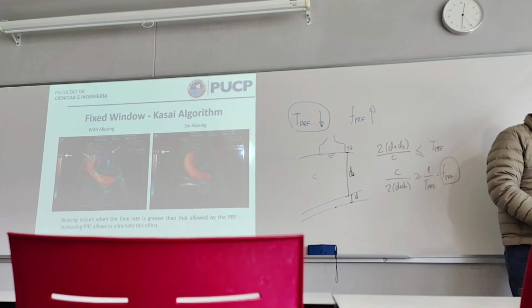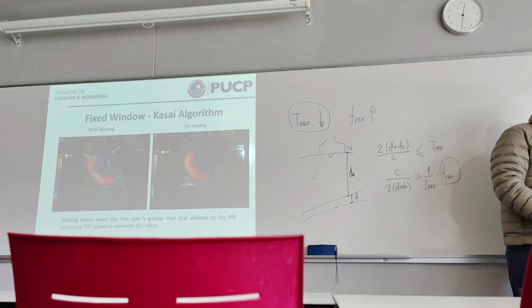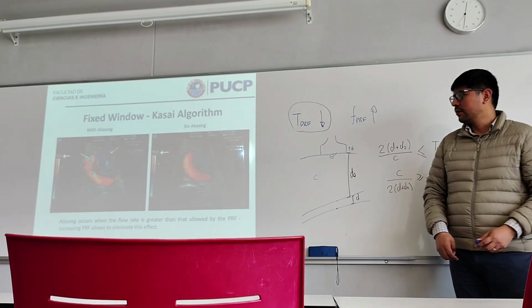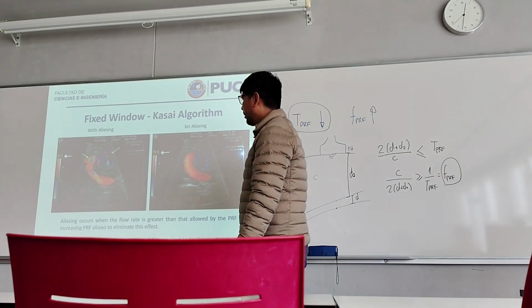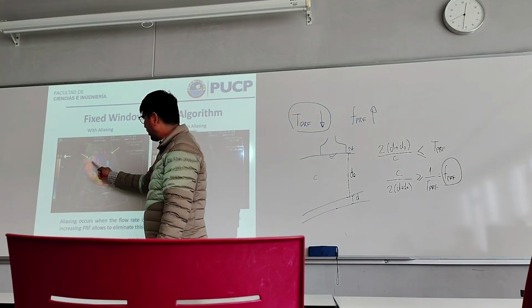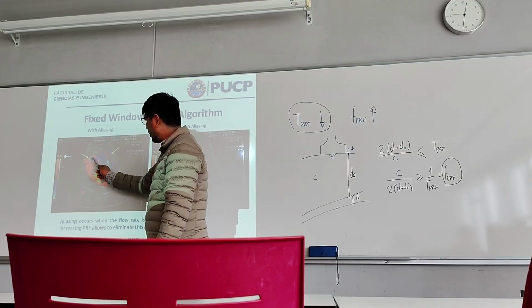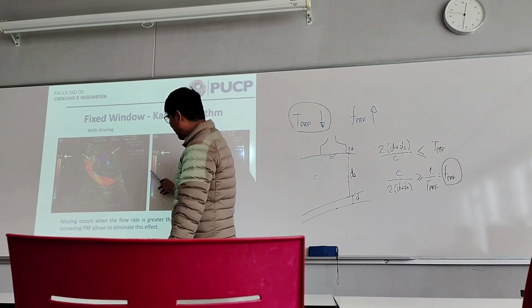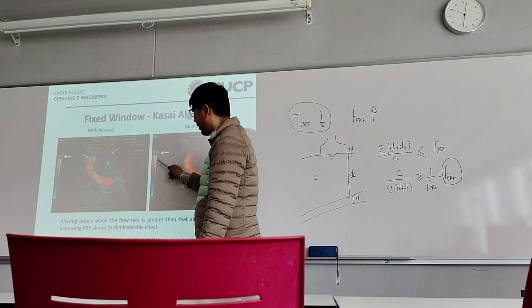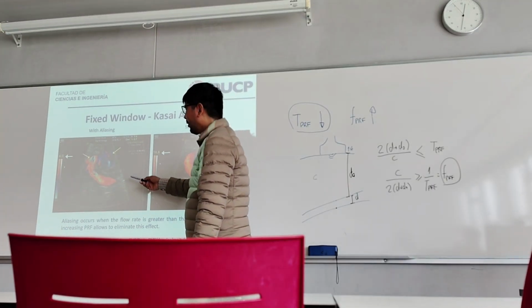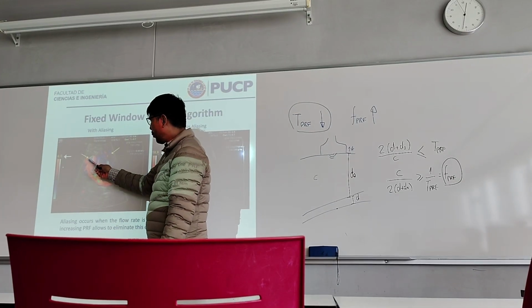Here, aliasing occurs when the flow rate is greater than that allowed by the FPRF, and increasing FPRF allows eliminating this effect. Some velocities around here, in these positions, are detected not as a maximum, but instead as a negative. It's like the other way. Why did this appear?